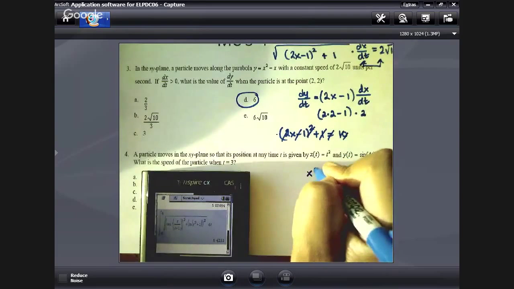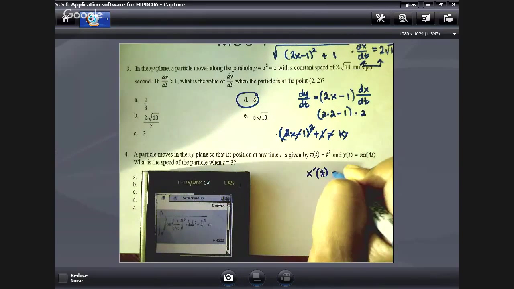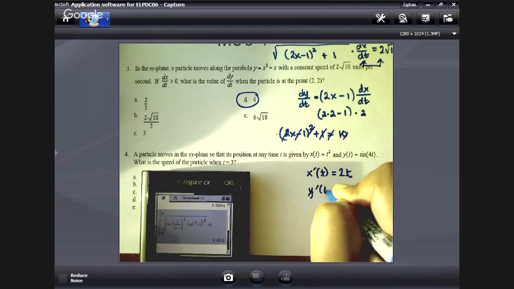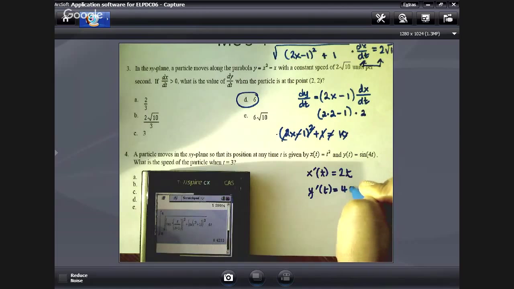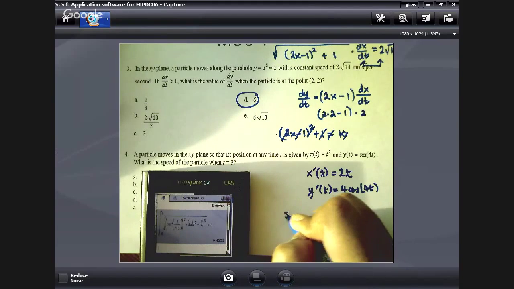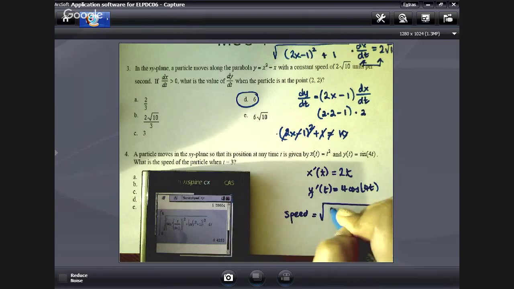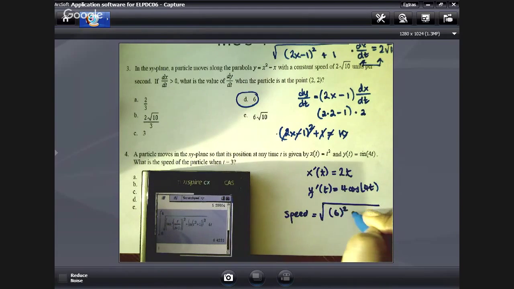So we need x prime of t, and we need y prime of t, because the speed is going to be the square root of (2t) squared, in this case t is 3, so 6 squared, plus (4 cosine of 3 times 4, which is 12) all squared.